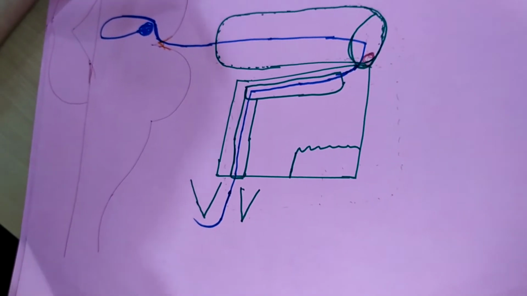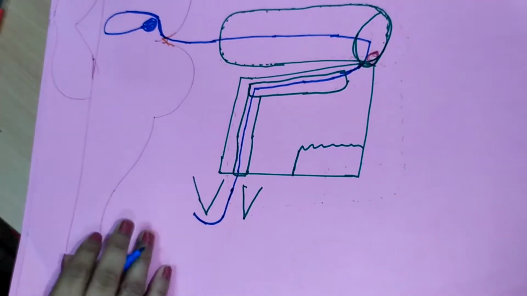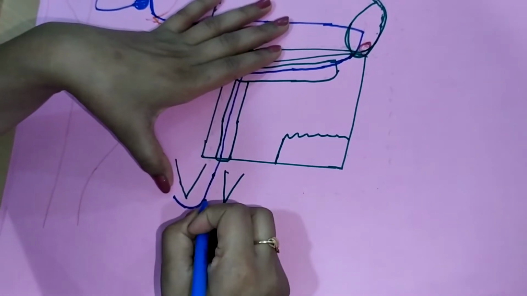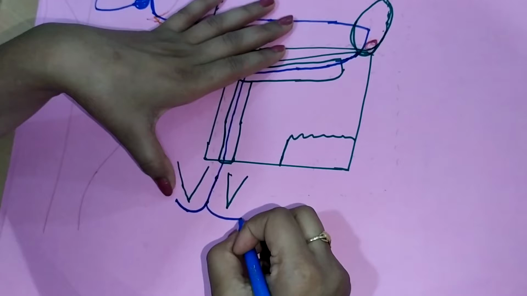It gives supply to the posterior belly of the digastric muscle, one motor branch, and then it jumps into the parotid gland.